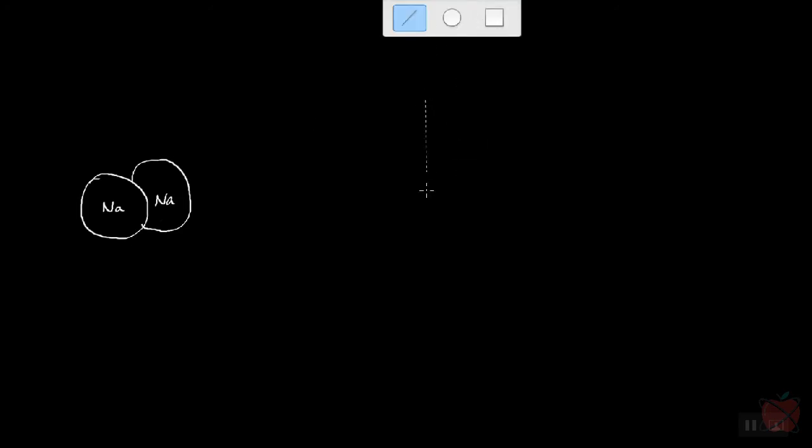Let's say this is 1 sodium atom and another sodium atom very close to it, forming a molecule. How will the electrons of this system be arranged now? In this case we don't consider the atomic orbital anymore, we consider a molecular orbital.